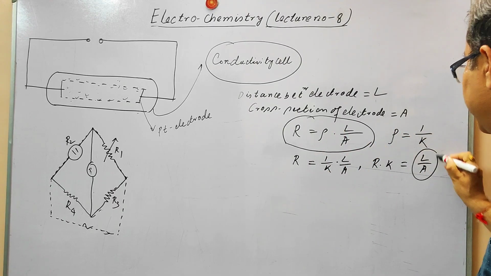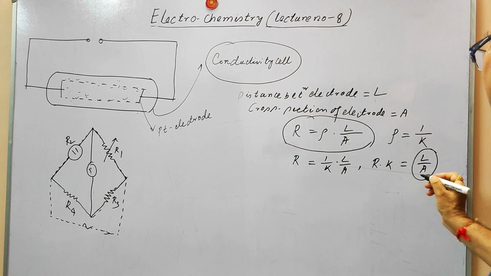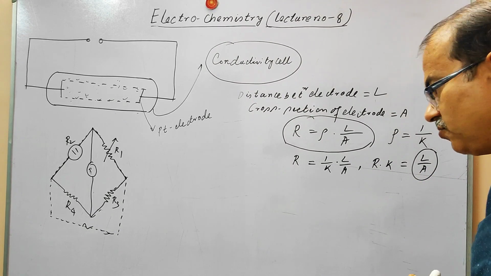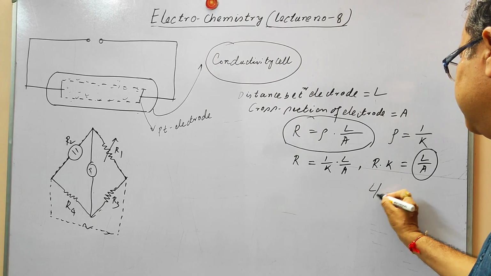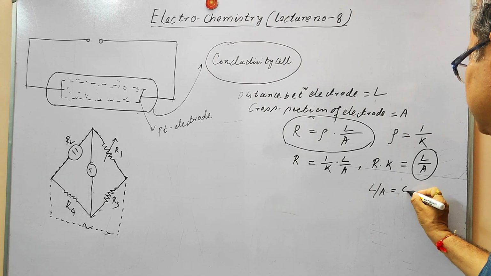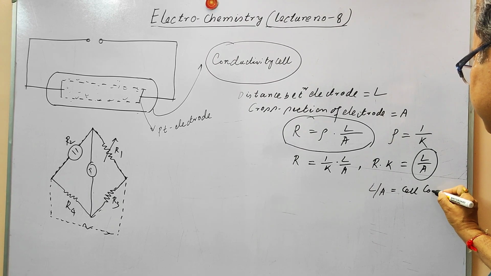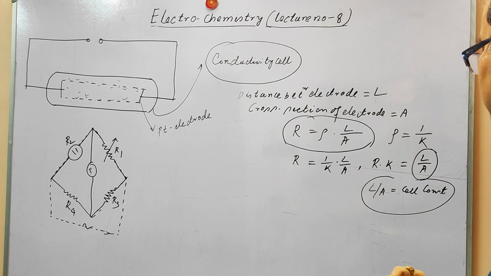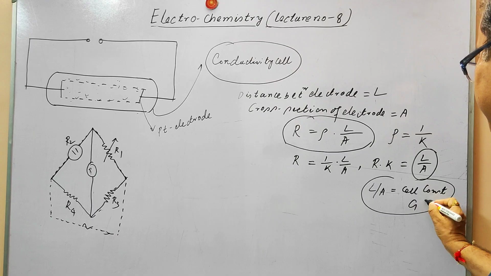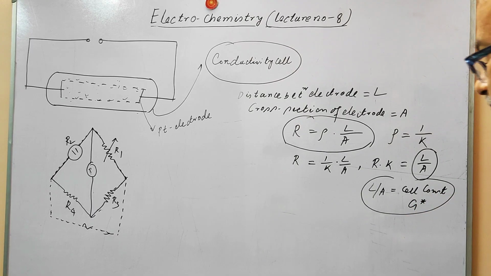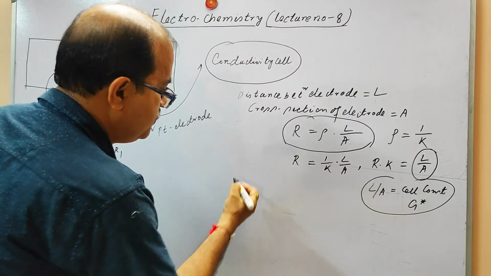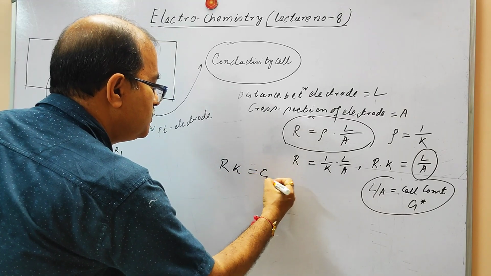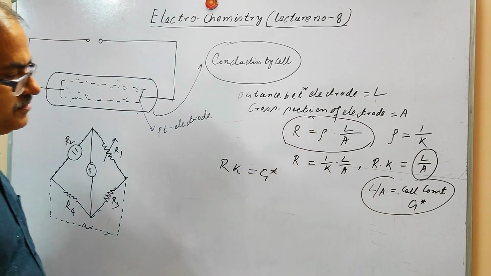Now we understand L by A. L by A is called the cell constant. Right? L by A is cell constant, and it is represented by G star. So we can write this equation, RK is equal to G star, that is the cell constant.